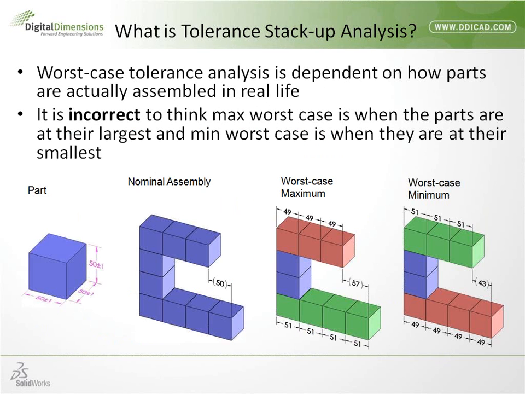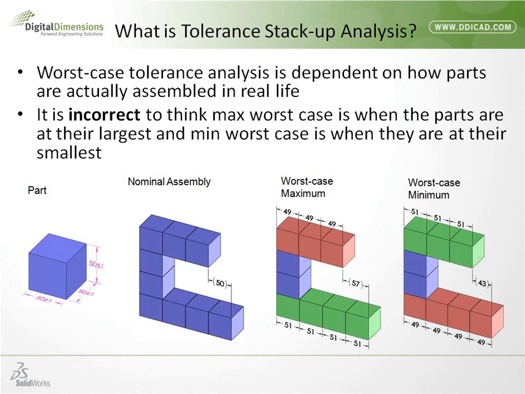And finally, worst case tolerance analysis is dependent on how the parts are actually assembled. In this example here, with my part 50 plus or minus 1, if my assembly was assembled this way and if all the parts were at their high side and all the parts were at the low side, then my tolerance zone would be the same.